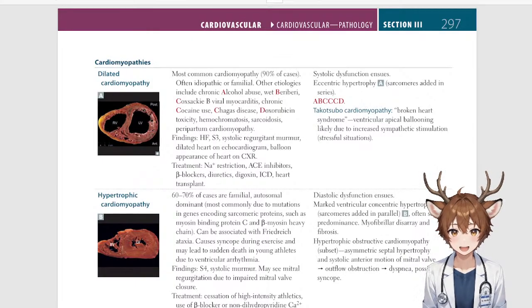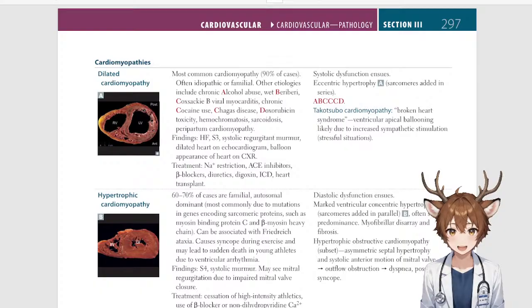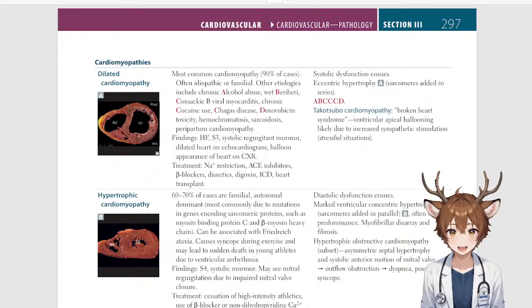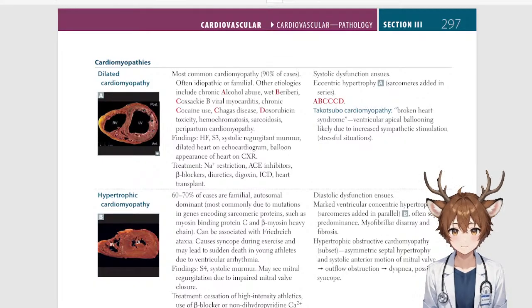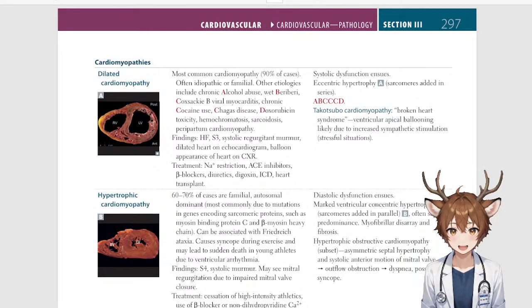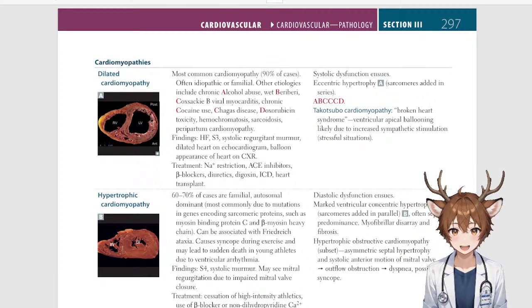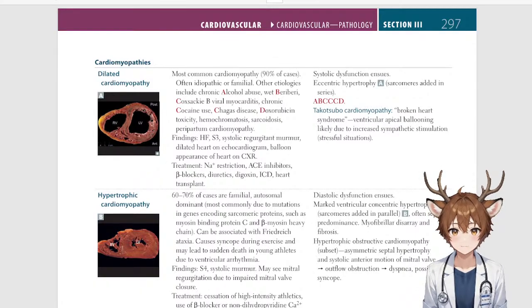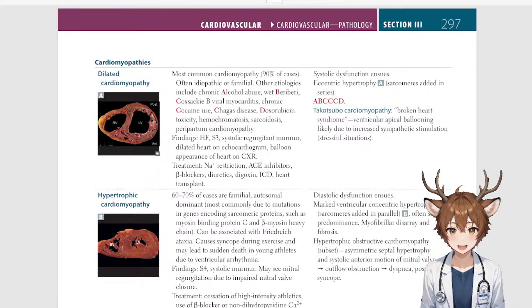This includes Romano-Ward syndrome, autosomal dominant, pure cardiac phenotype, no deafness, and Jervell and Lange-Nielsen syndrome, autosomal recessive, sensorineural deafness.